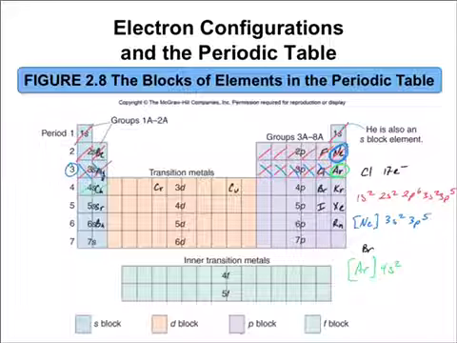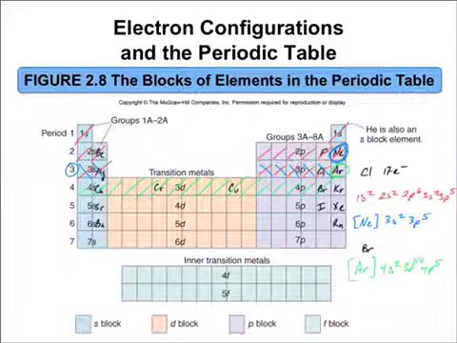Now, here's where it gets funky because I go to the 3d's. 3d1, 3d2, 3d3, 3d4, 3d5, 3d6, 3d7, 3d8, 3d9, 3d10. And then back up to our 4p's. 4p1, 4p2, 4p3, 4p4, 4p5. Now, that is pretty easy. It just requires you to count and to memorize those blocks.